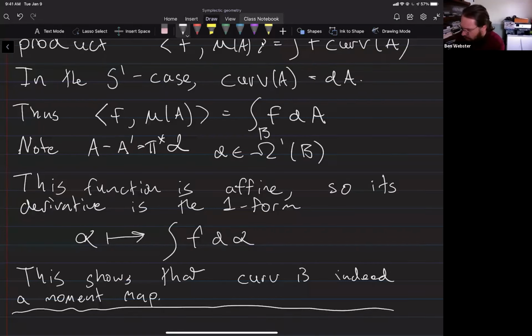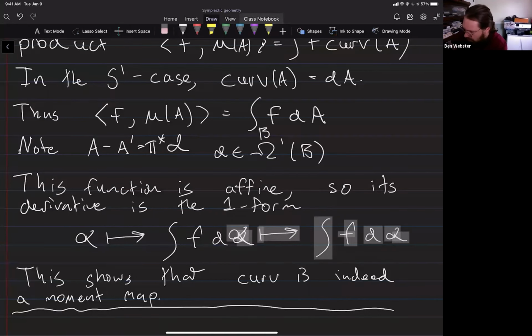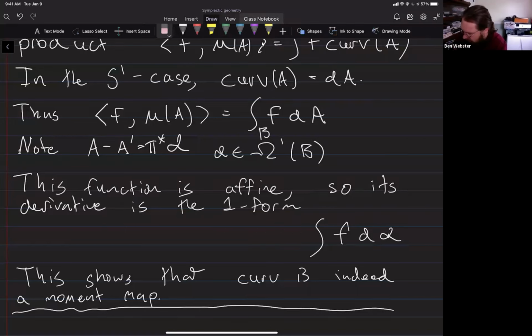And of course, what this formula upstairs tells me is that when I move along the direction of a one form, the derivative in that direction of the pairing is the pairing of curvature with F. So what I'm really writing is the Lie derivative along A, thought of as a tangent vector, of the pairing of F with curvature.